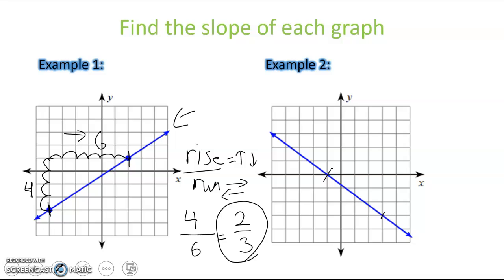Pick points that are absolutely precise, that you can clearly explain where they are on the graph. You couldn't really tell me where this point is. You could tell me that you go down 1, but you can't tell me exactly how many spots you go to the left or to the right there. So give me points that you can absolutely positively describe where they are on the graph.